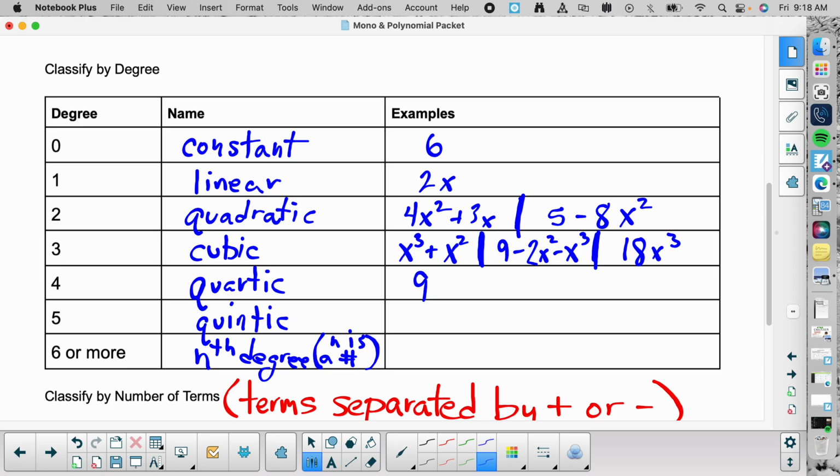9 plus, Reagan, give me a number. 3x to the 4th. Oh, okay, you were giving me all sorts of information. Okay, good. Taylor, give me a number, just a number. 7. Juliana? 4.